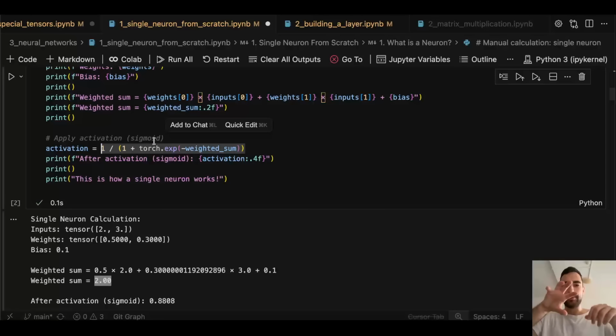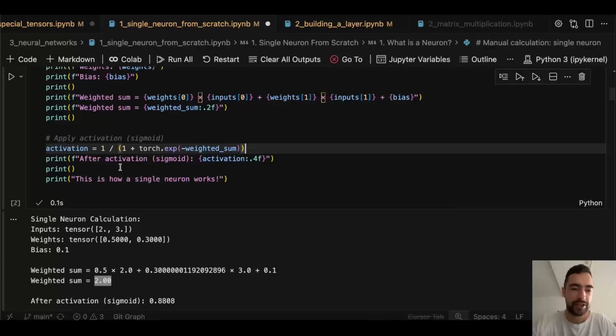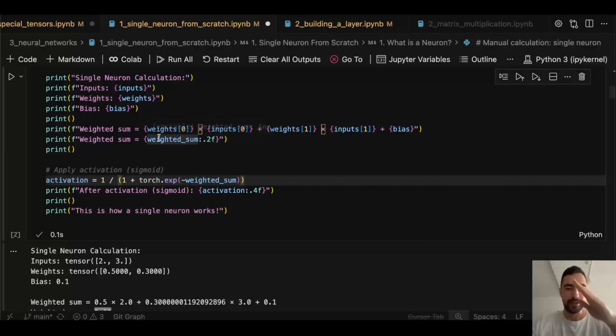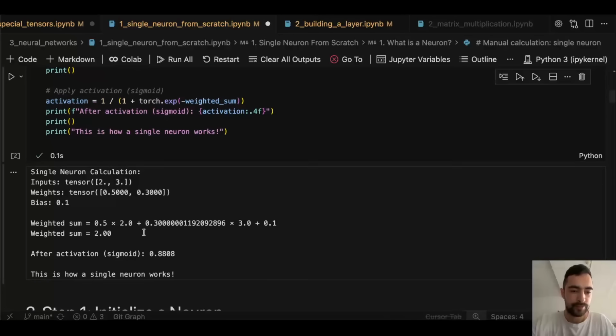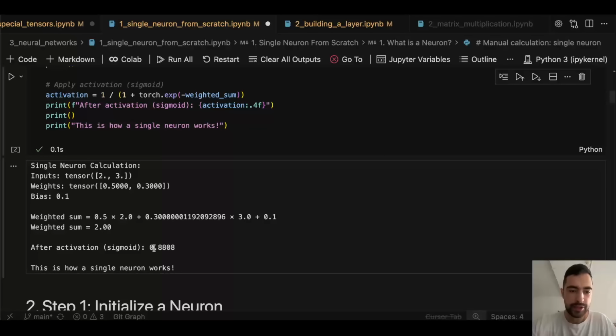If you have some data points here, you want to separate them with a curved function. If you have a straight line, then it will not separate these messy data points. So you need to be able to curve the function to separate the data points. That's what the activation function will do. It will take this weighted sum, which is a line, and make it curved. And so at the end, for these specific numbers, we get this activation or output.